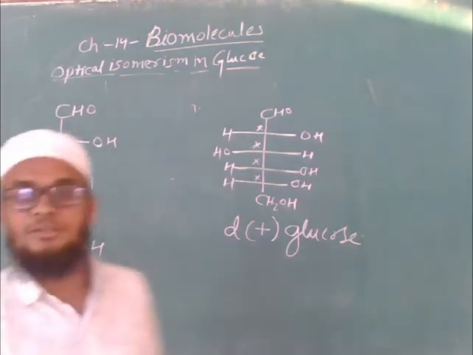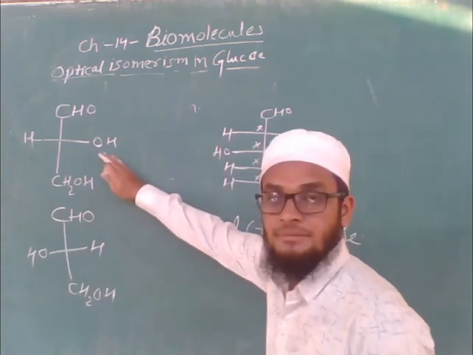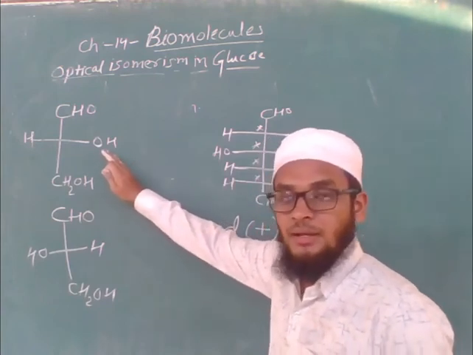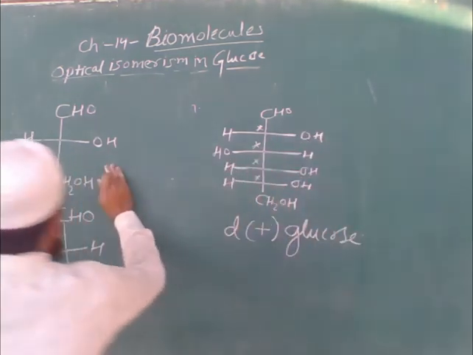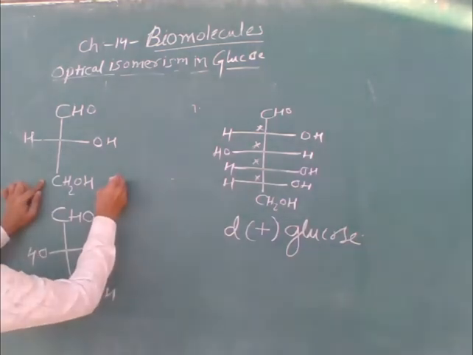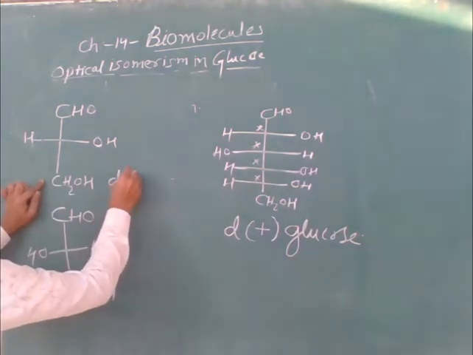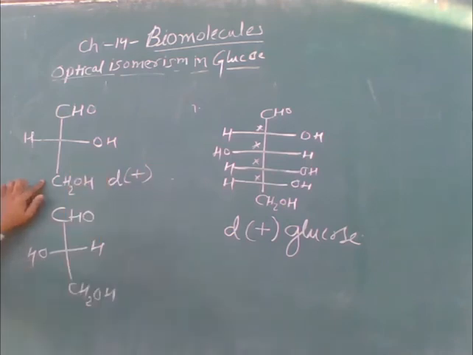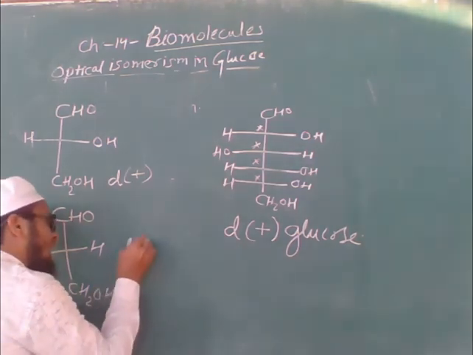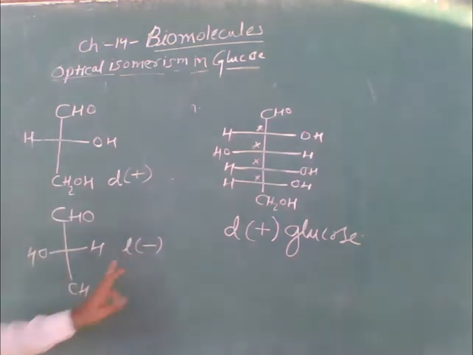Now look at this. This is our glyceraldehyde. This first molecule can rotate plane polarized light in a clockwise direction, so it is D or plus glyceraldehyde. And its mirror image has a property to rotate plane polarized light in an anti-clockwise direction, so it can be represented with the small l or with the minus sign.